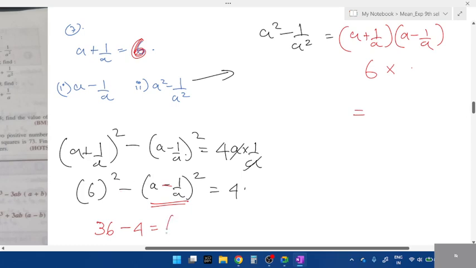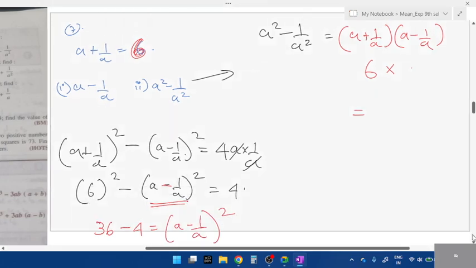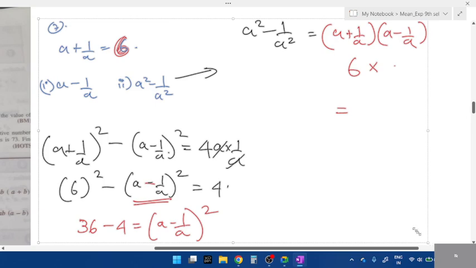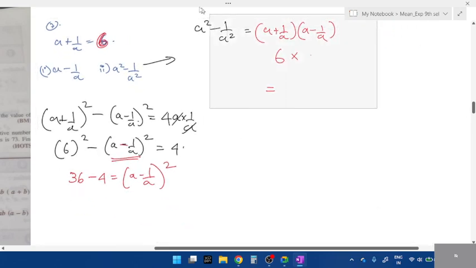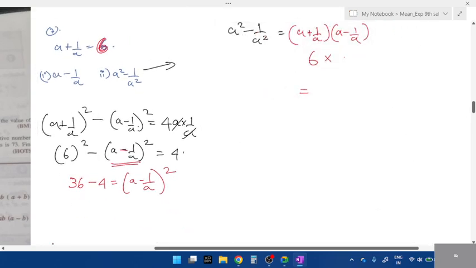This minus goes to the other side, becomes plus. Next, root 32. What is root 32? Very good. 4 root 2 if you simplify.